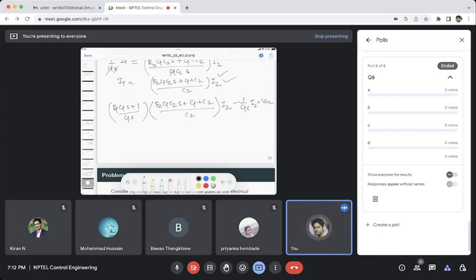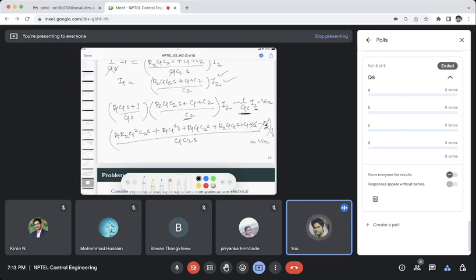Then you just simplify this expression. We multiply this and subtract this 1 by C1 s I2, taking common: R1 R2 C1 square C2 s plus R1 C1 square s plus R1 C1 C2 s plus R2 C1 C2 s plus C1 plus C2, and for this term it will be minus C2, because of C1 in the denominator, by C1 C2 s, multiplied with I2 equals V in.